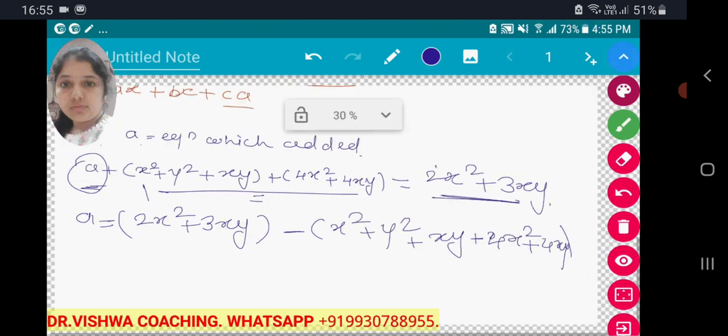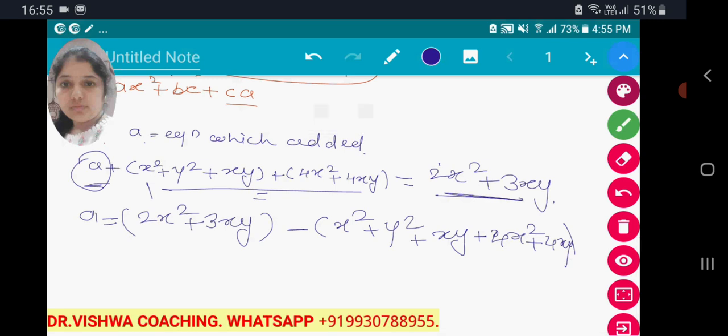Now find out the terms which have the same variable. Okay. Now see, this x square and this 4x square have the same variable, so we will add them. So 2x square plus 3xy minus x square plus 4x square becomes 5x square.